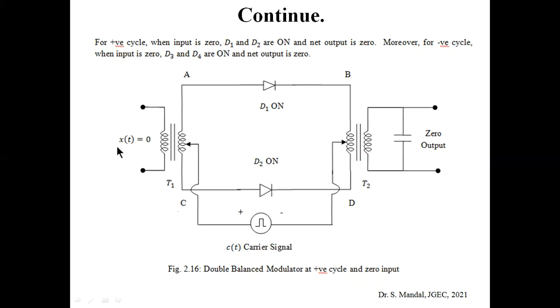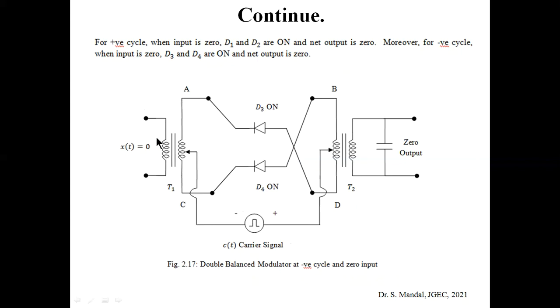So if we use xt equal to 0, and only the carrier signal in the circuitry, then when the carrier signal has positive polarity, D1 and D2 will be on, and D3 and D4 will be off for the positive cycle. Remember, the positive cycle and zero input. And obviously at this point, the two voltages cancel each other, and ultimately we get zero output, because here xt equals 0.